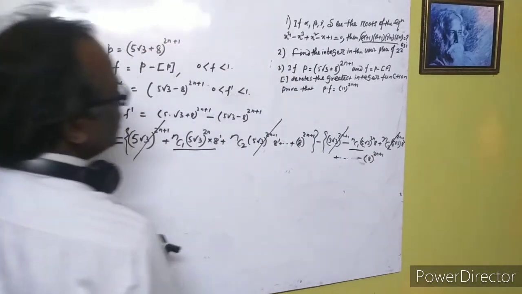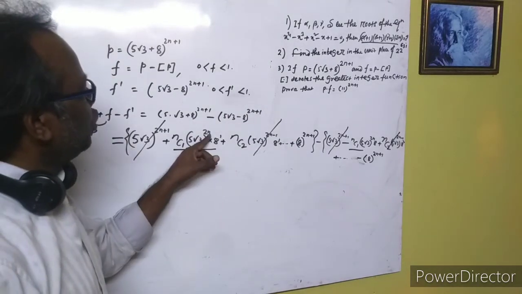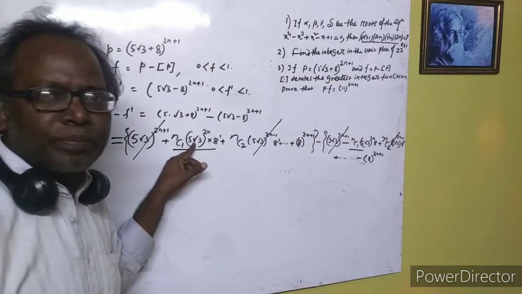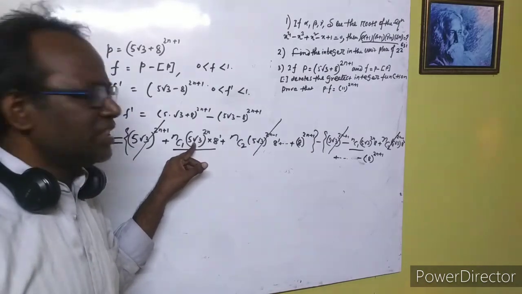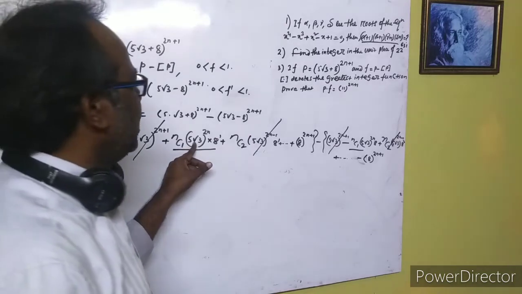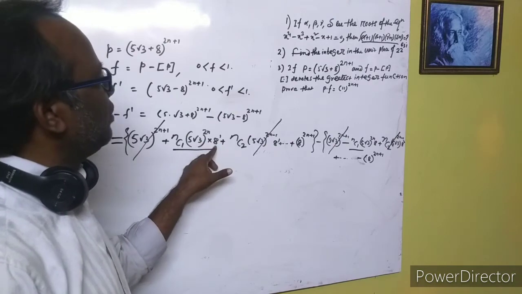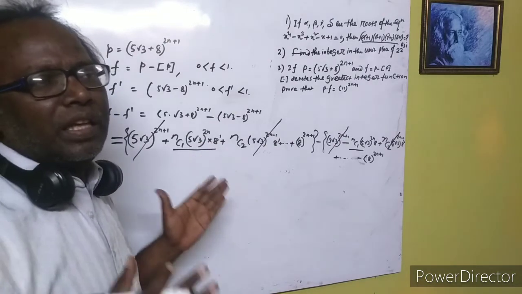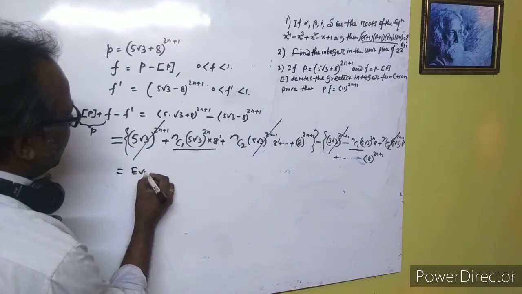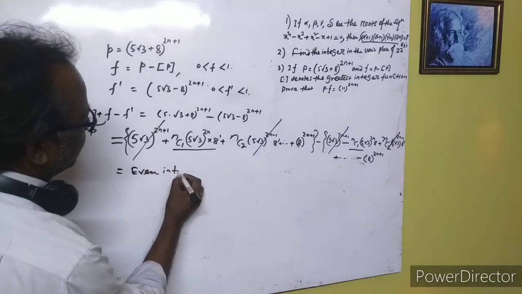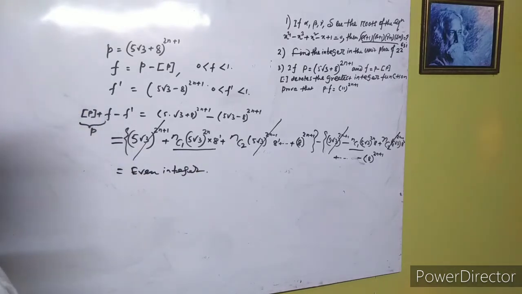And this is (5√3) whole to the power 2n, so this number is an integer, not an irrational number. This is a rational number with an integer. So this is also an integer, and see the multiple of 8 here. So it's an even integer.